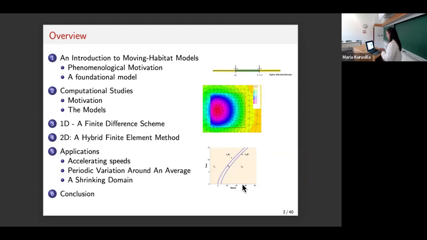The other good motivator is generalizing this shifting speed to whatever you want that's motivated, of course, by something that we see. One of the things that we see in this world are accelerating speeds of climate change. So I'll talk about an application that's supported by the computational study.